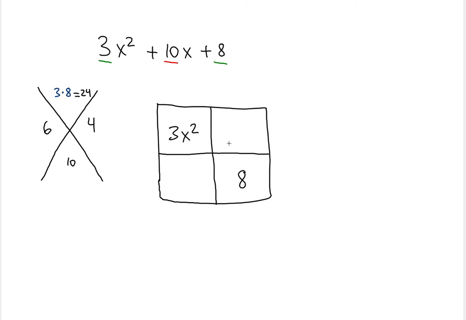And these 2, of course, will be reserved for 6 and 4. But the only difference is you want to write this as a 6x and 4x. So you're just going to write x to the right of each of these 2 numbers in the minor diagonal.